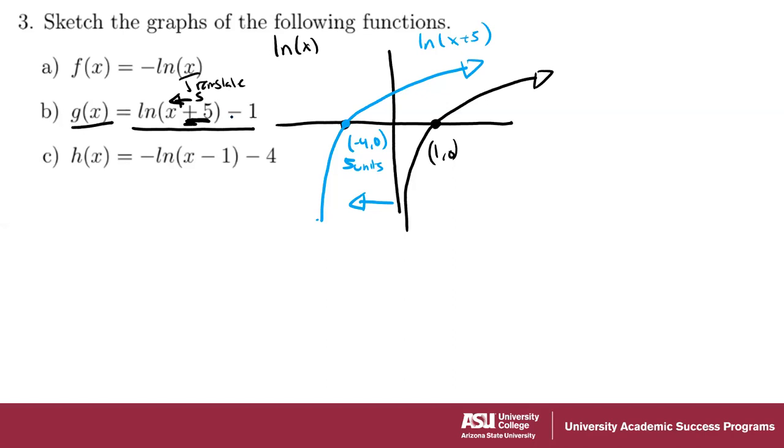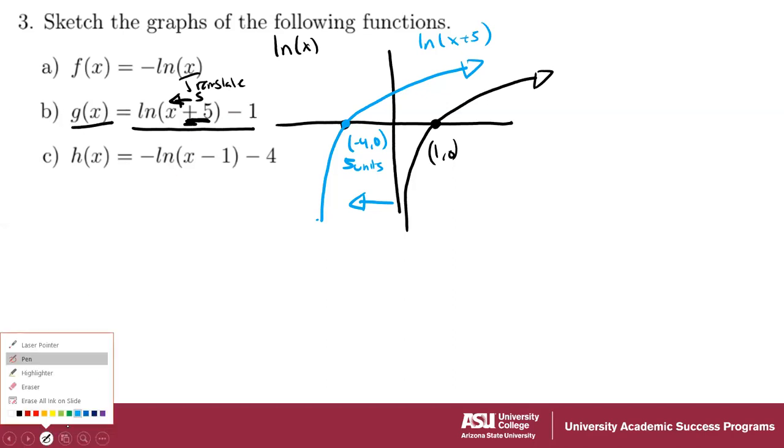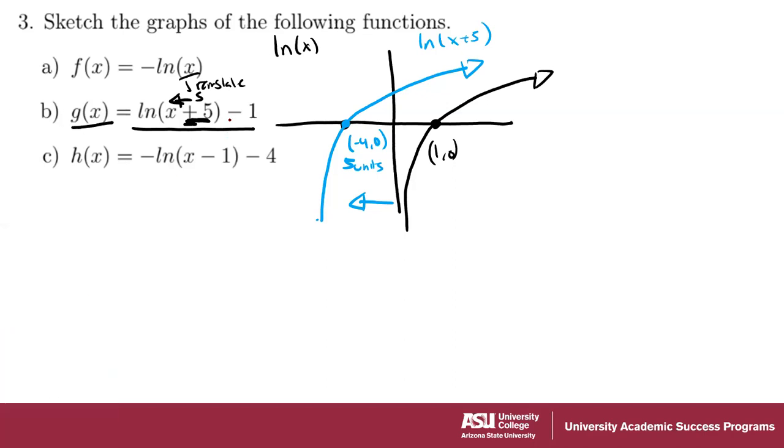Once we do that, we can look at the next part. I'll put it in a different color, the -1. How is this one going to affect the function?